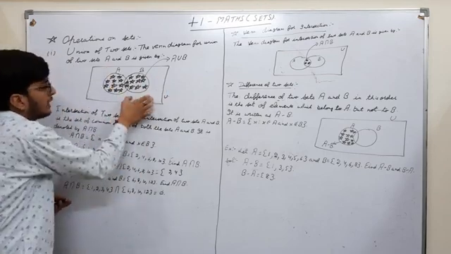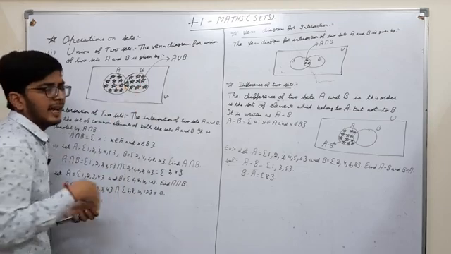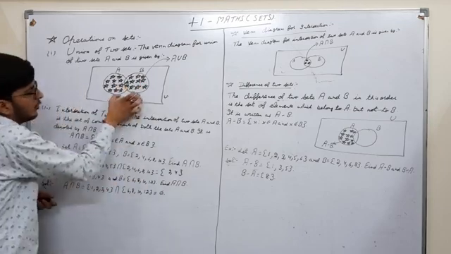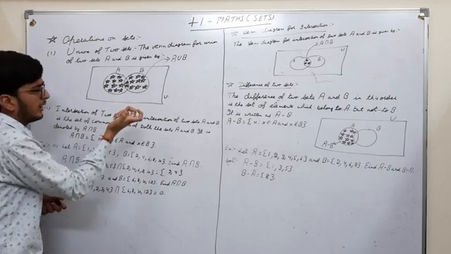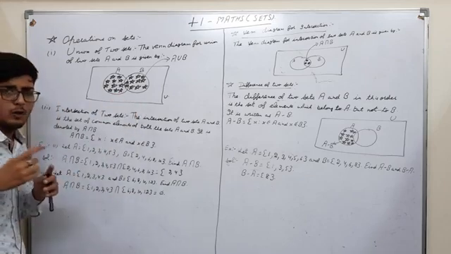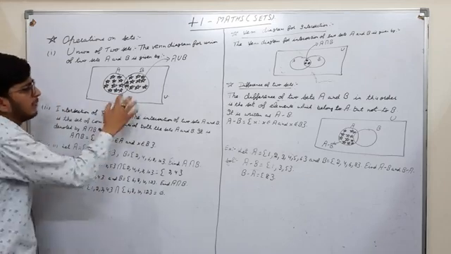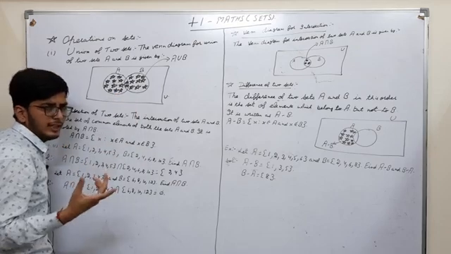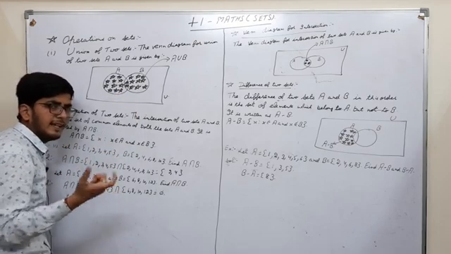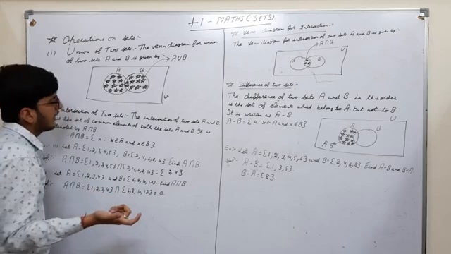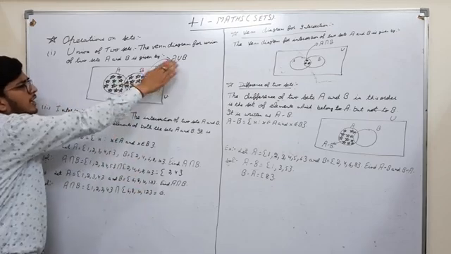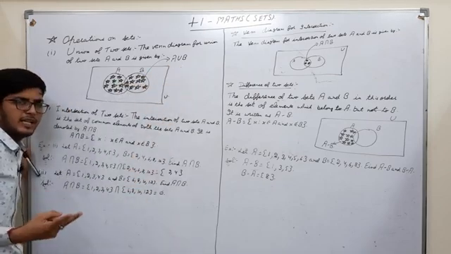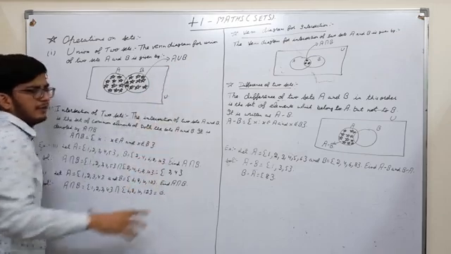Because it is contained neither in A nor in B, right? So it will not be contained in A union B, because A union B contains only those elements which are contained either in A or in B, right? So this is the Venn diagram for A union B, two sets union.